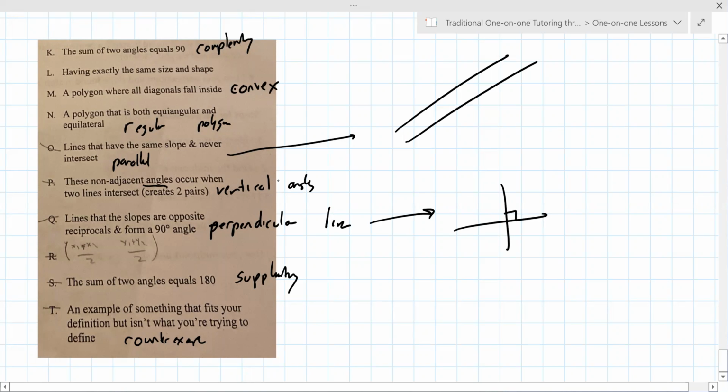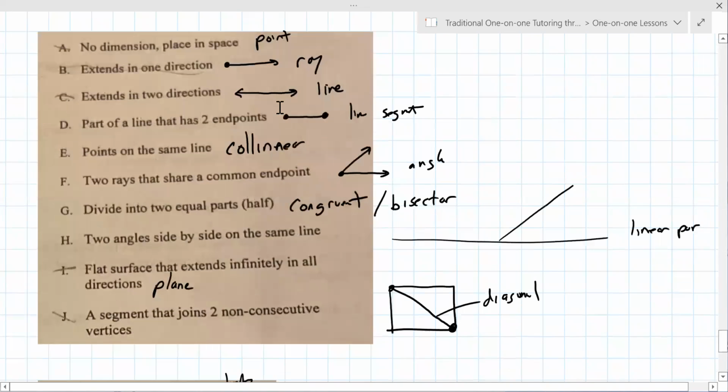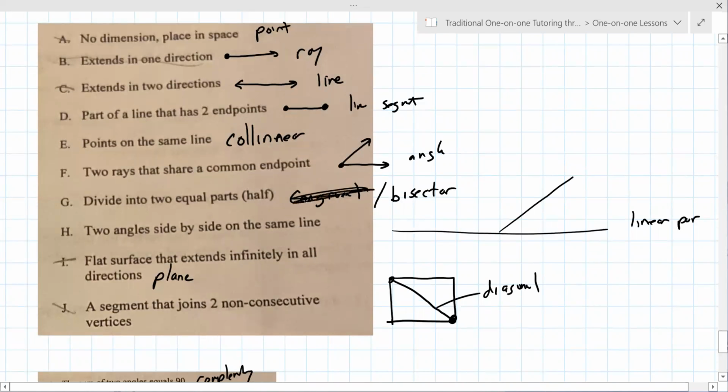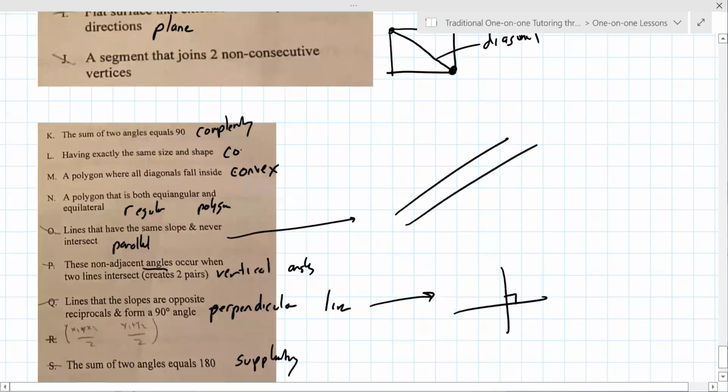Oh, you know what? They did want bisect for G, because congruent is L, having exactly the same shape and size. Yes.